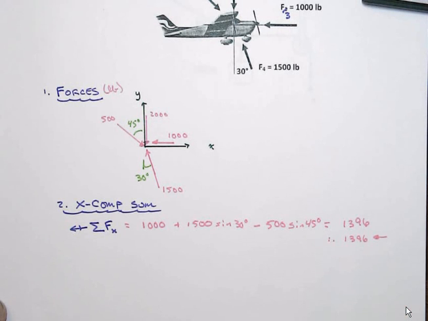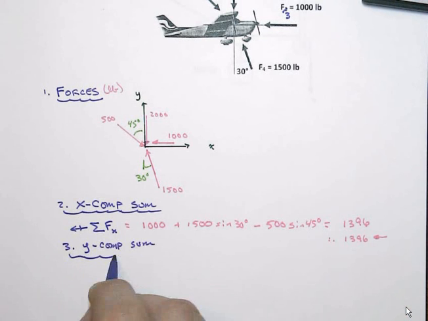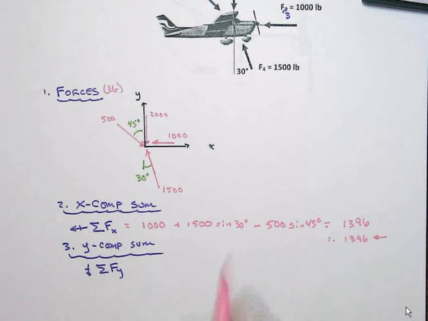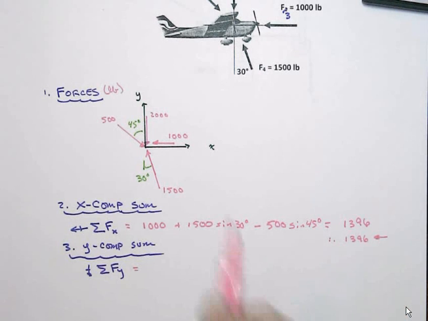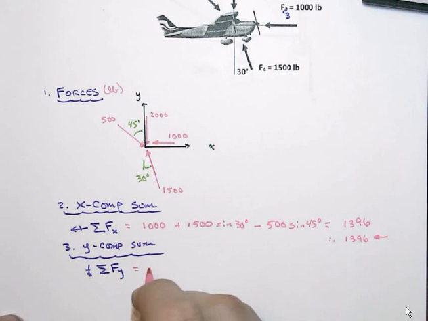Okay, we'll do the same thing for the y component, and here I'm going to take downwards as positive, and so we'll have then the component from force 1, the 500, acting downwards times cosine 45 degrees plus 2,000 acting downwards.